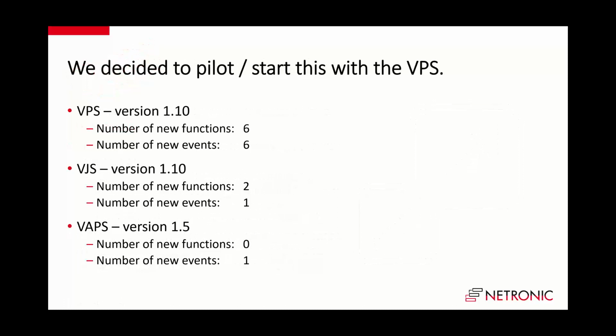So for the current release, we decided to pilot or start this with the VPS. With the latest version of the VPS, we make available 6 new functions and 6 new events.